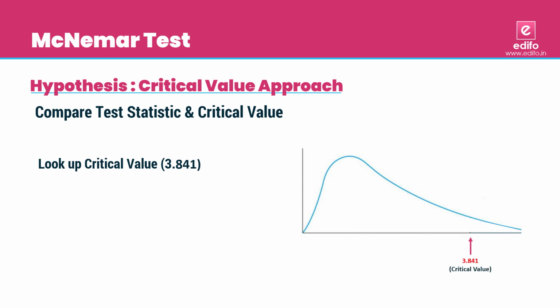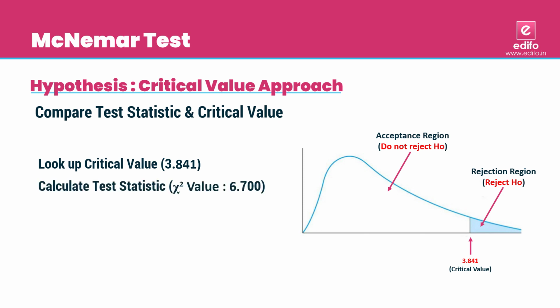This divides the distribution into two parts, the acceptance region and the rejection region. Our calculated test statistic, the McNemar chi-square value of 6.700, is in the rejection region.